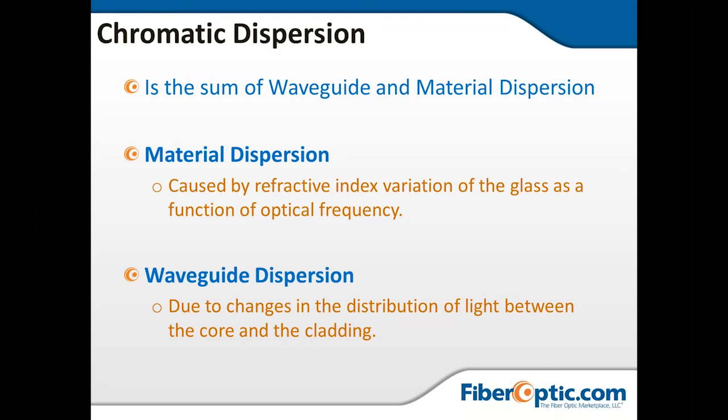And the light traveling in the cladding is moving at a different speed. So over distance, it's going to have a pulse spreading effect as well, because just a portion of the signal is moving faster. You'll notice that with any dispersion, when we start talking about things moving at different velocities, we get the pulse spreading.